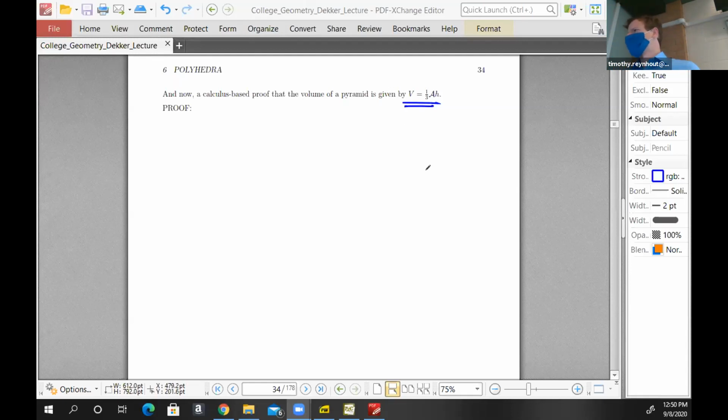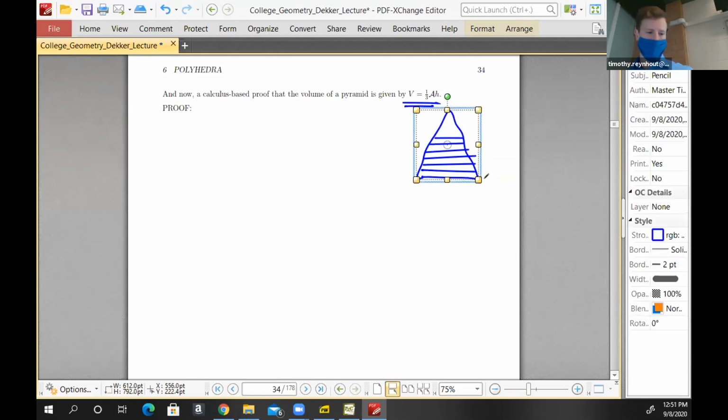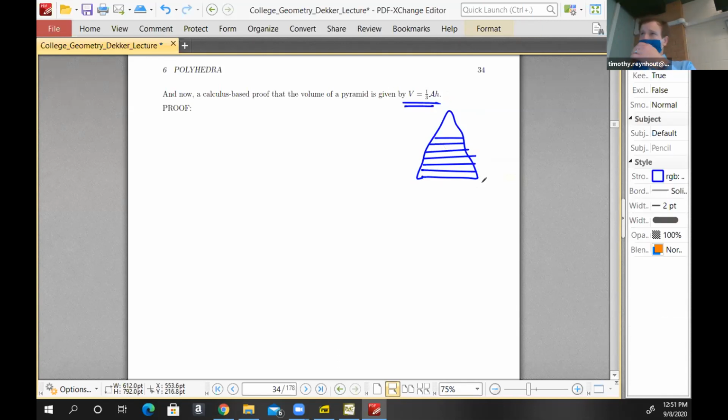But if we take a pyramid, and we were to slice it, we could make a whole bunch of slices. Then each one of these slices we can approximate with a rectangle, or instead of a rectangle, we can think of it as a prism.